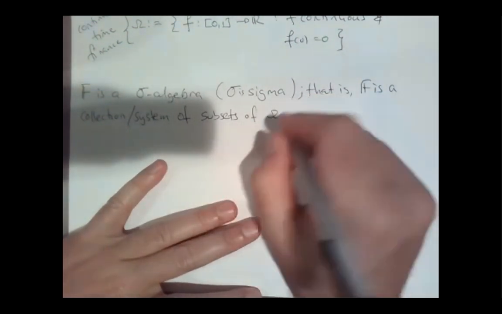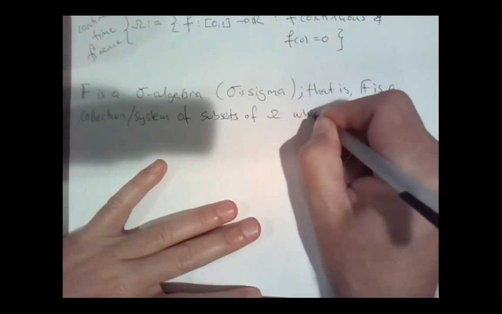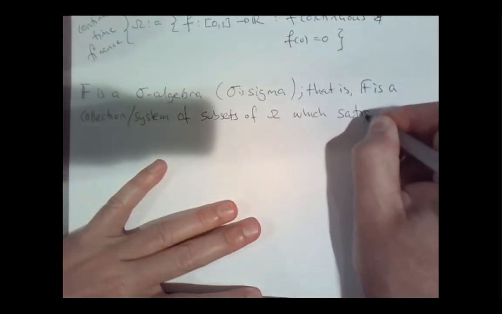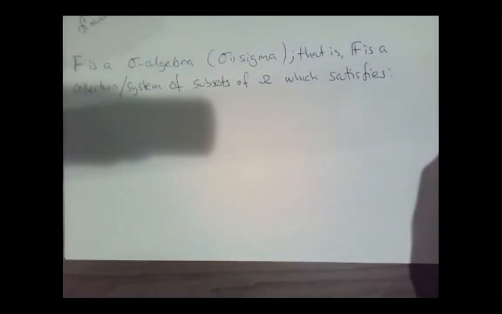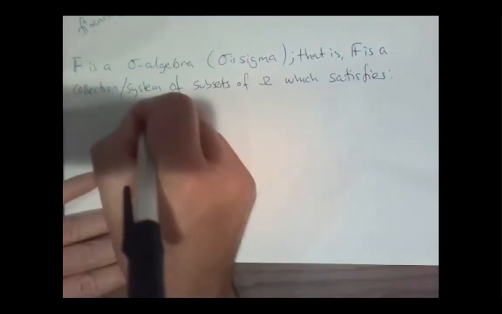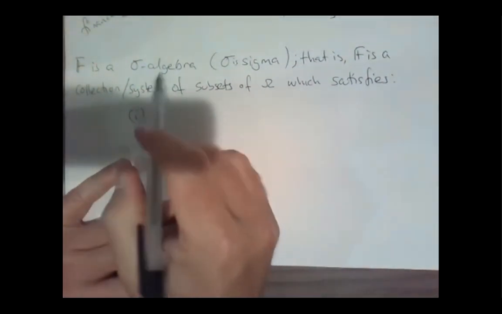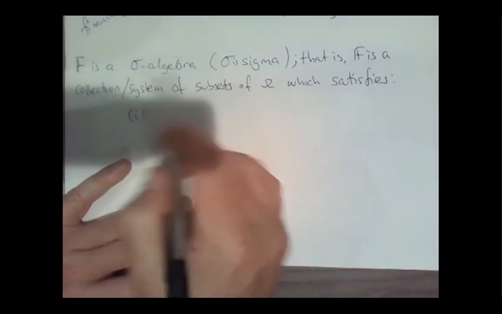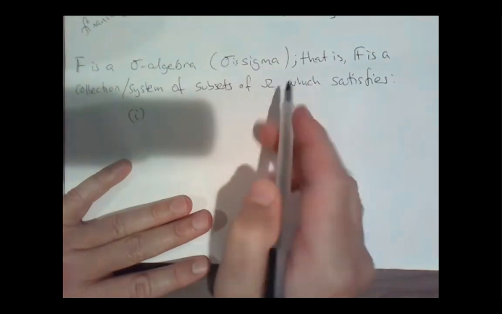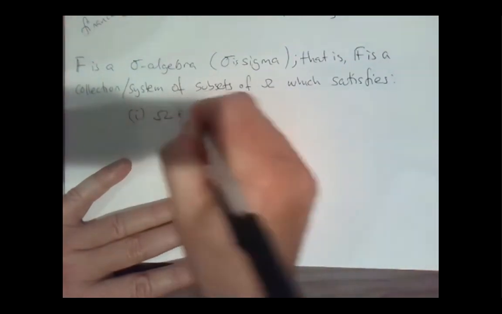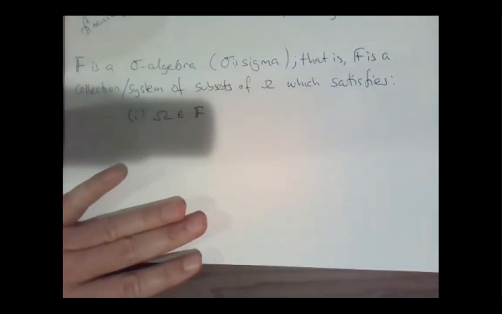It's a collection of subsets which satisfies a number of properties. The first thing it satisfies is that if I consider omega as being a subset of omega, that thing has to be there.